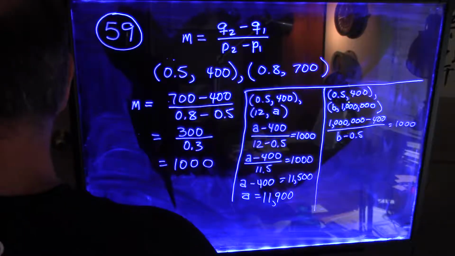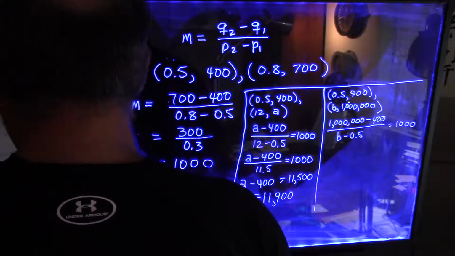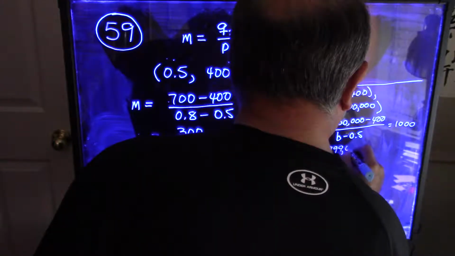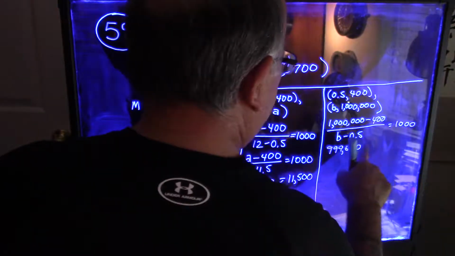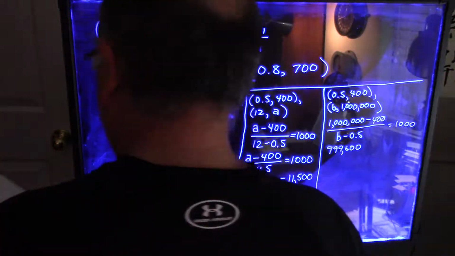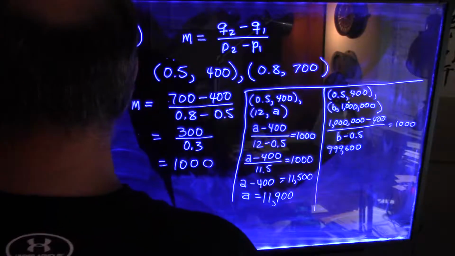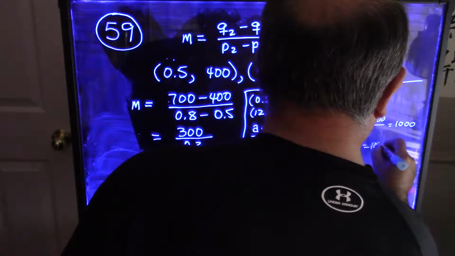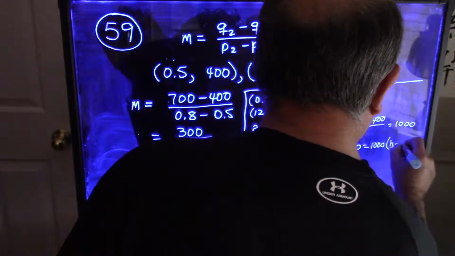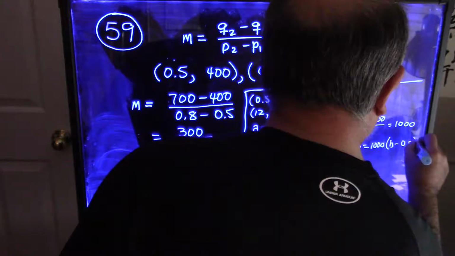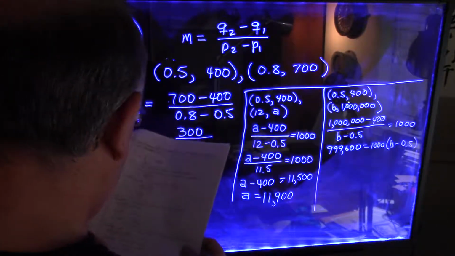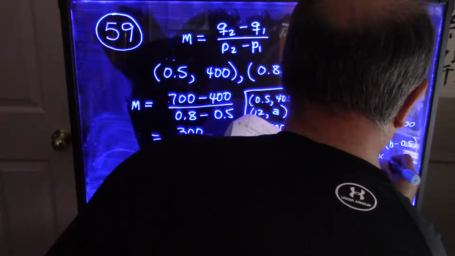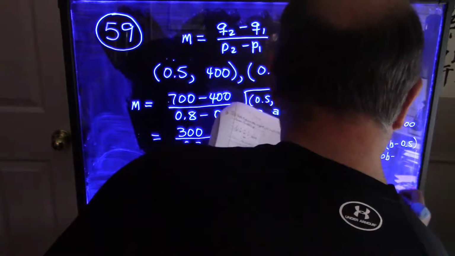And so we've got on top 999,600. Multiply both sides by b minus 0.5, so that'll clear the denominator. So 999,600 equals 1,000 times b minus 0.5. And you can distribute the 1,000 through, so you've got 1,000b minus 500.